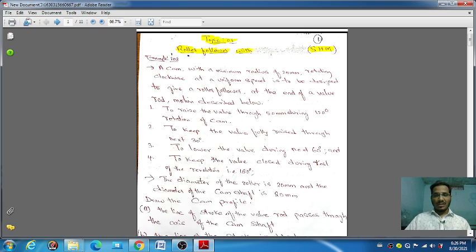Outstroke means the follower moves from the low position to the higher position. Dwell means the follower stays at a constant position for a period of time. Then return stroke means the follower moves from the maximum position to the lower position. Next, keep the valve closed during the rest of the revolution, 150 degree.